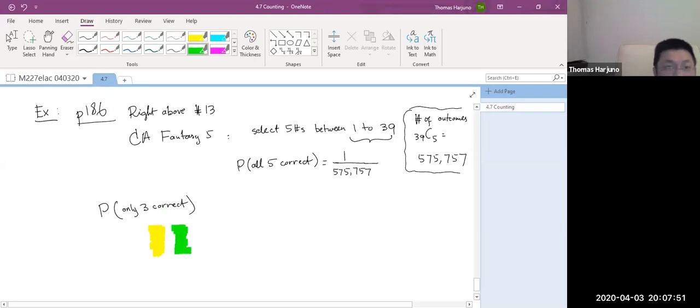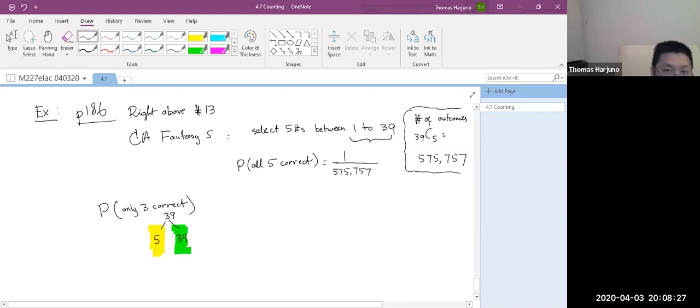How many of them are supposed to be the jackpot numbers? There are 5 jackpot numbers. Therefore, 34 of them are wrong numbers. So they will select 5, and you will also select 5.